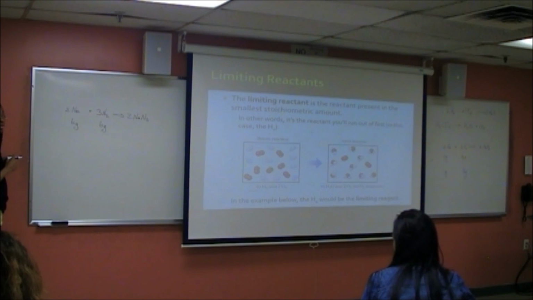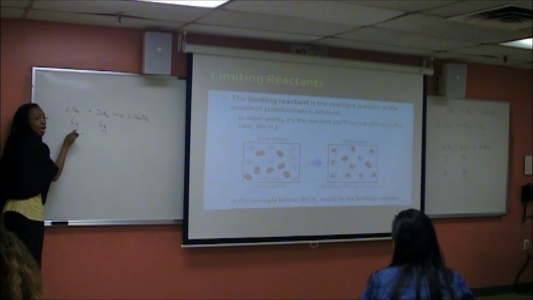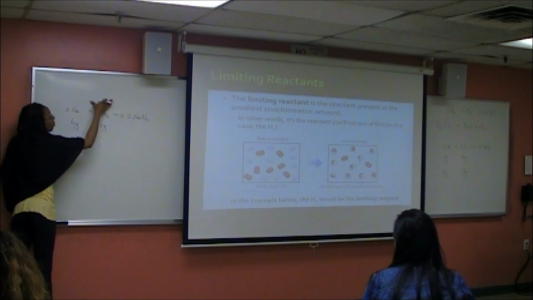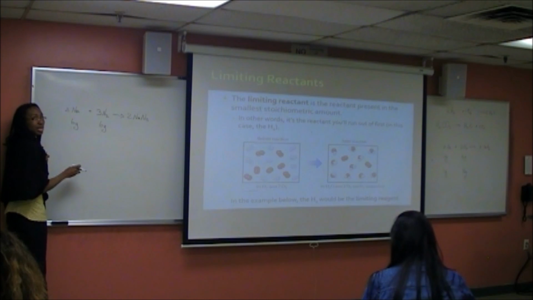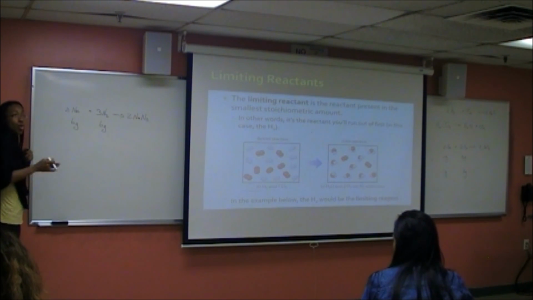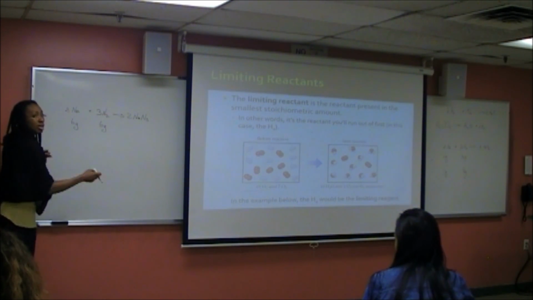You must go through the steps to figure out from your sodium how much sodium azide you would get, and from your nitrogen gas how much sodium azide you would get. Whoever is in the least controls how much product is created.